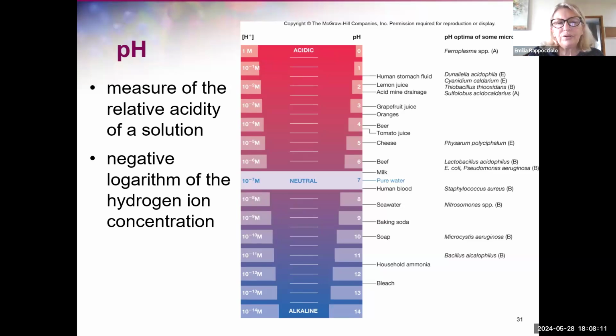It is the negative logarithm of the hydrogen ion concentration. Acidic pH is easier compared to alkaline pH. There are many more examples of prokaryotic cells that are happy living below pH 7. There aren't so many above pH 7.